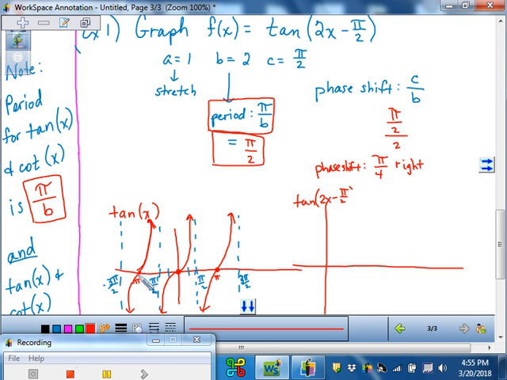So this time, instead of having my initial point starting on 0, my midpoint between my two asymptotes is going to be located at pi over 4 instead.